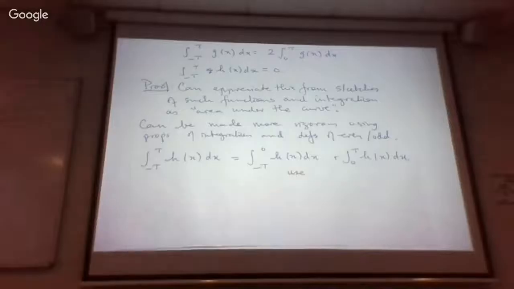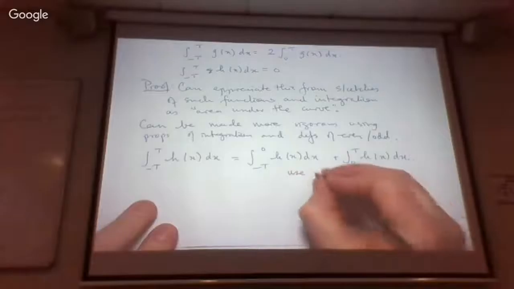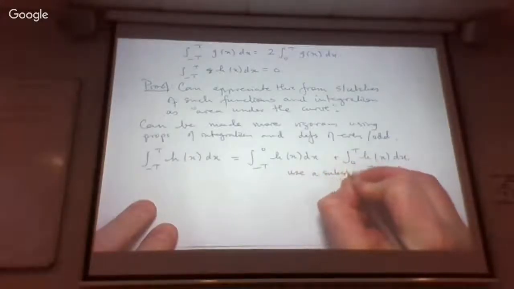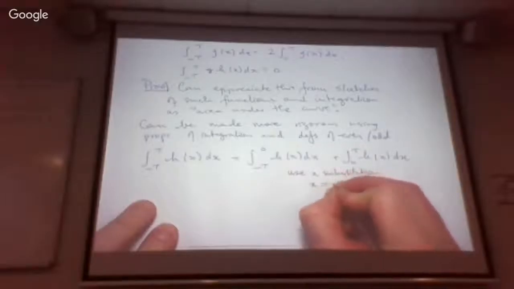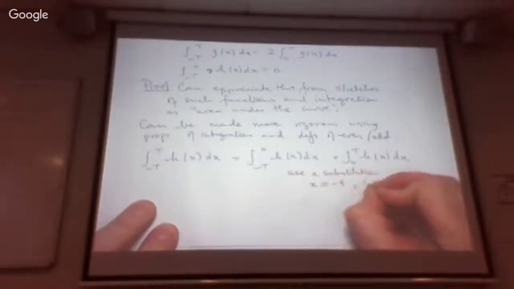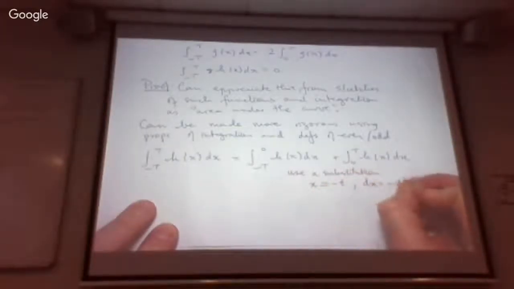All of this is just effectively the rigorous technical way that you translate those arguments we were doing just from the sketches of such functions. We use a substitution, x equals the negative of t. So in other words, dx will be the negative of dt.